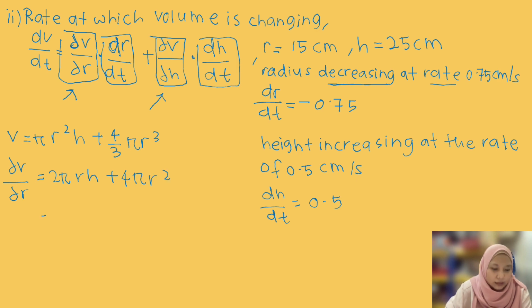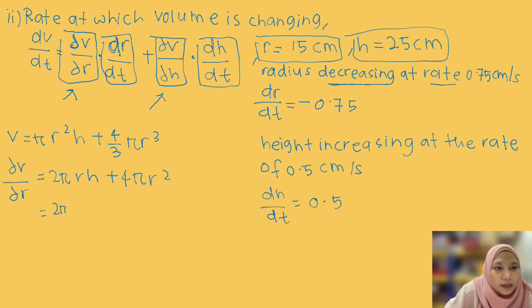Substituting our value of r 15 and h 25, 2 pi (15)(25) plus 4 pi (15) squared, we get 1650 pi.